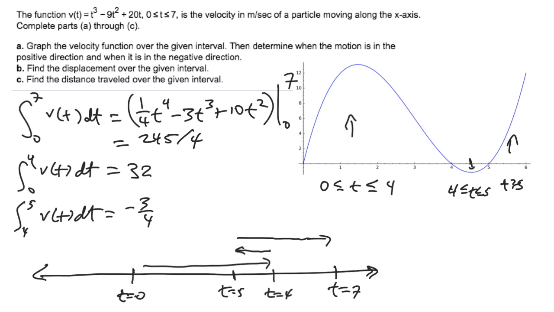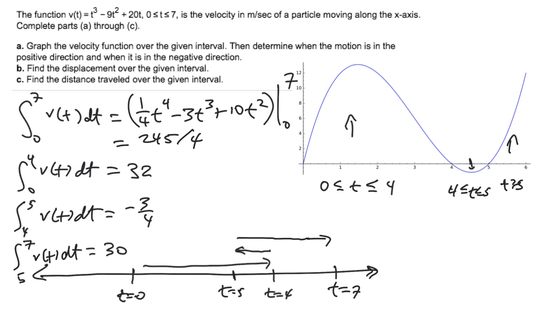So that's how far back this way I go. And then I'm going to turn around and go right back to the positive again. And that'll just be the integral from 5 to 7 of my velocity function. And if I do that, I got 30.